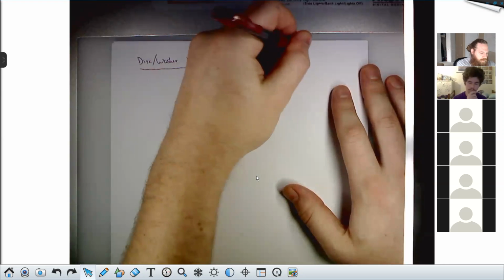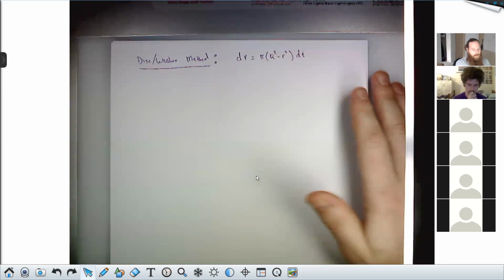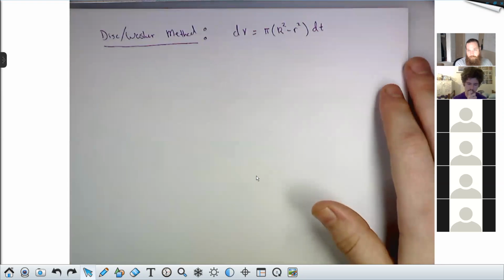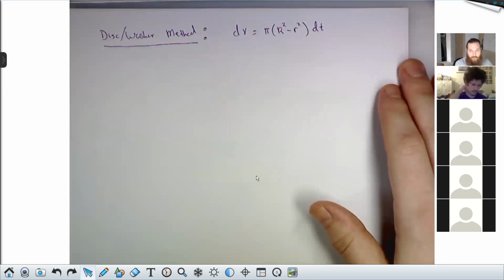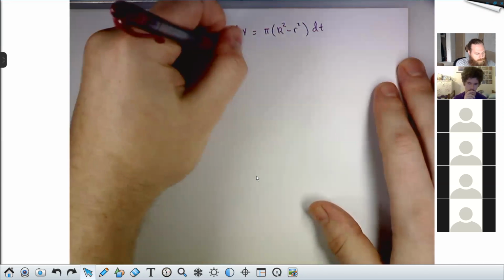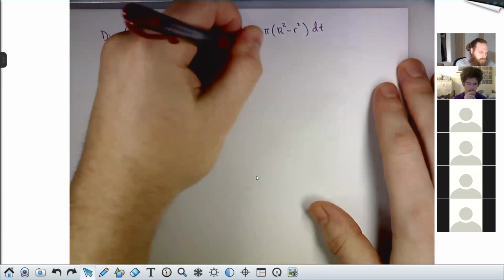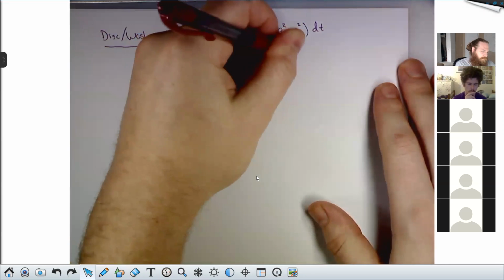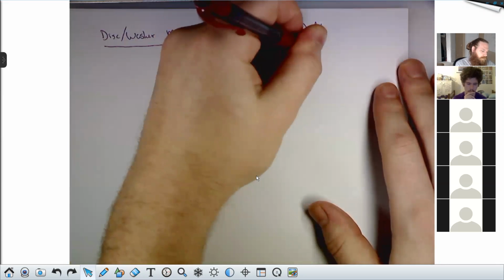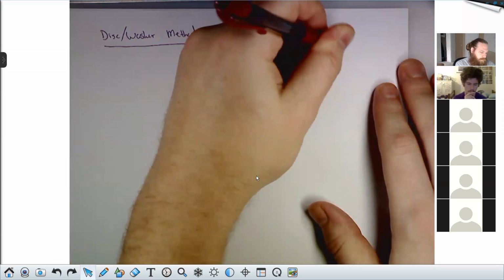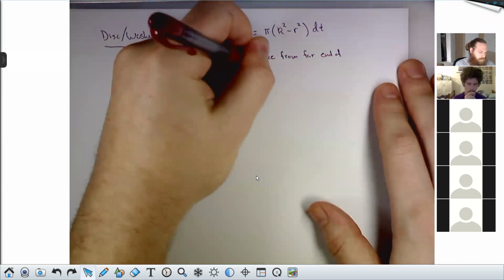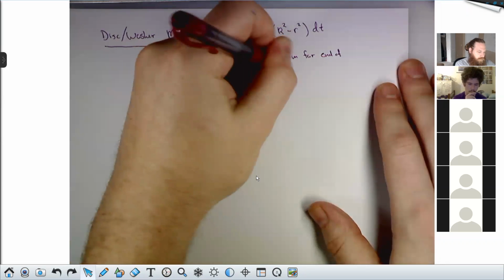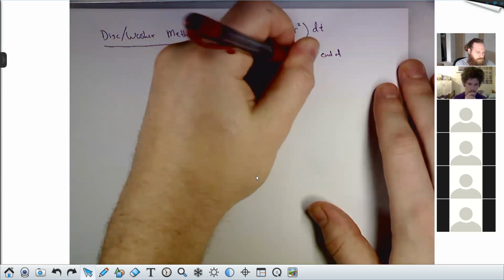And then at the end here, there's either going to be a dx or a dy. I'm going to write this as a dt for now, with the understanding that dt can either be dx or dy. R is always the distance from the far end of the strip to the axis of rotation.